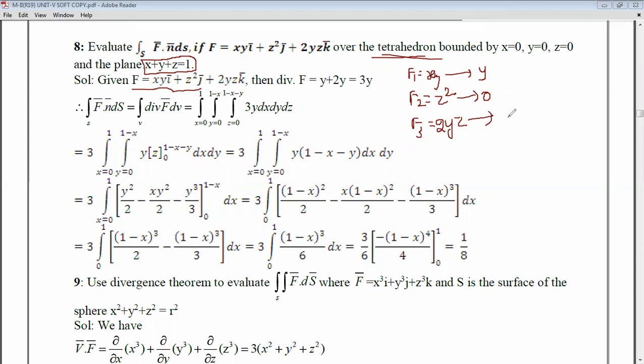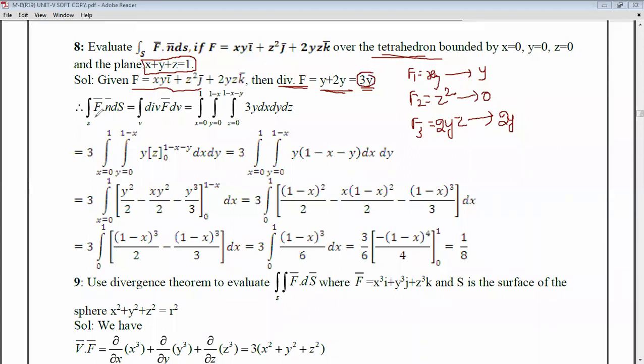With respect to z, ∂f3/∂z is 2y. Now we need to add these three: y plus 2y is nothing but 3y. So the divergence of f bar we got is 3y.